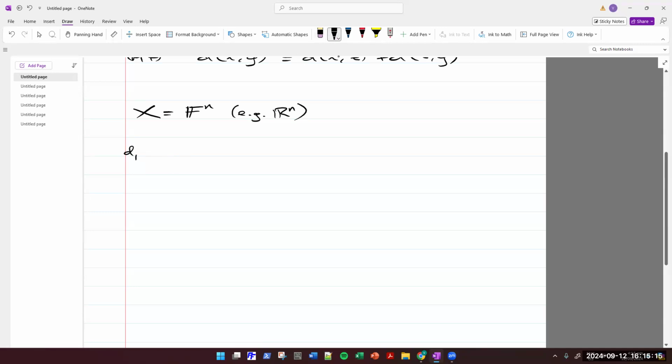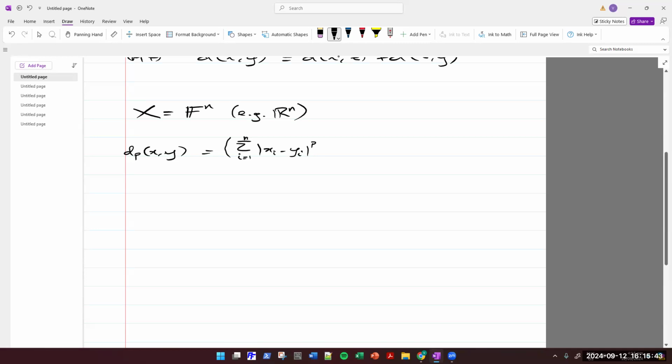So if I do d sub p of x, y, I could define this to be the summation. What I'm going to do is subtract the corresponding components, then raise them to the power of p, and add that from i goes from 1 to n, where x and y are n-tuples.